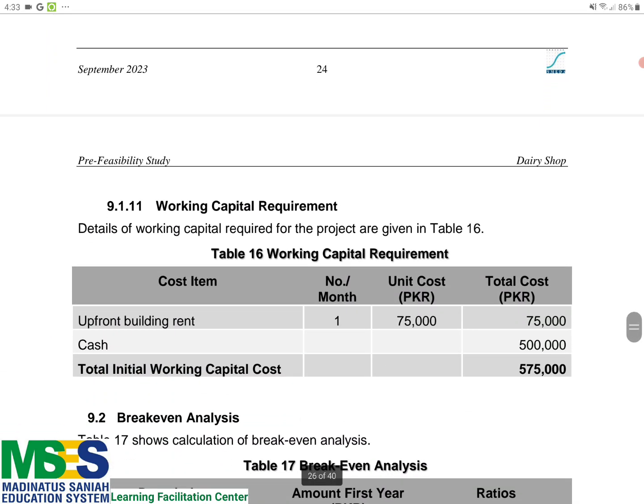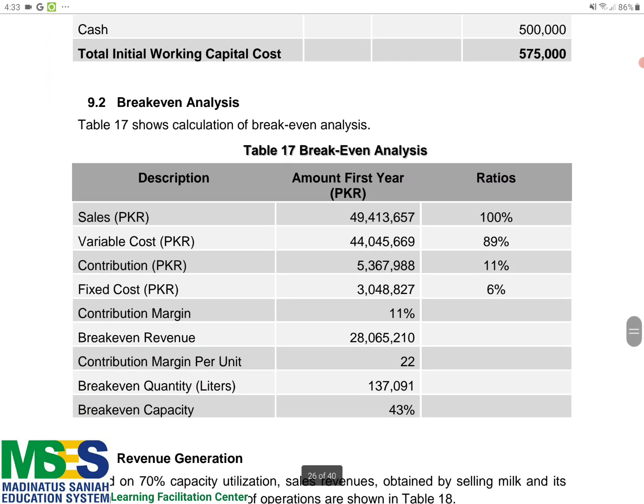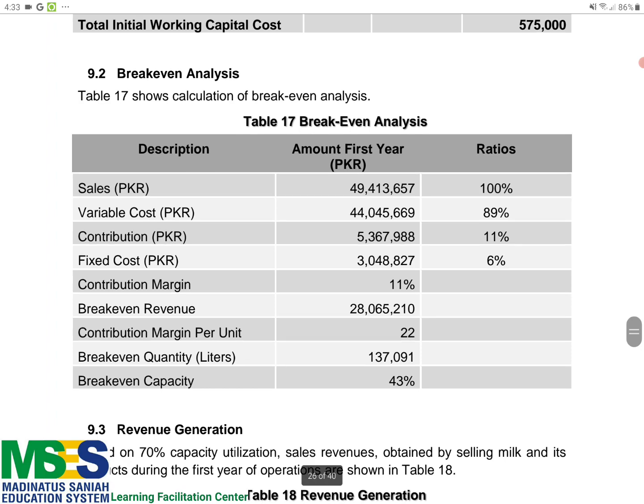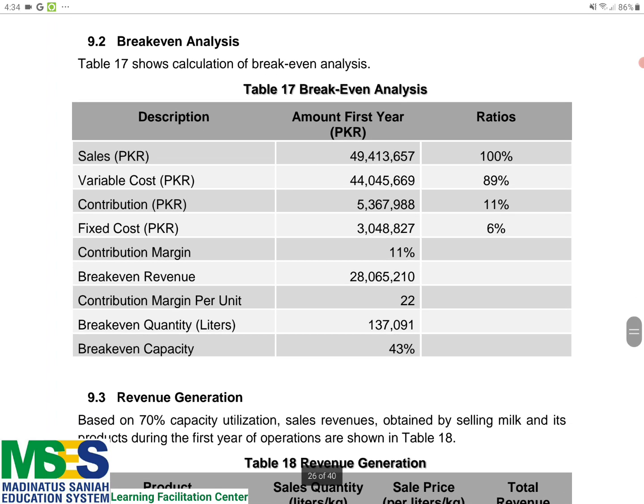Let's come towards break even analysis. How many liters would you sell to cover your cost?